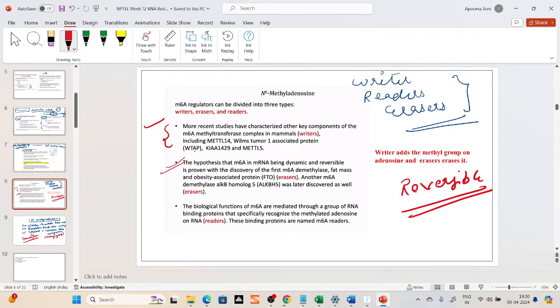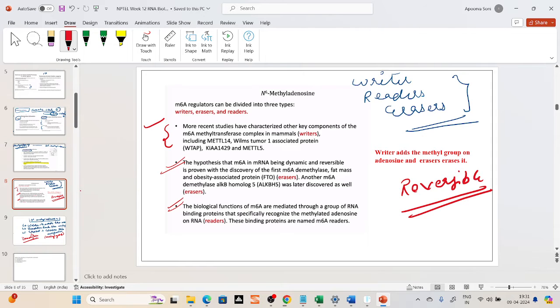Then the biological functions of m6A are mediated through a group of RNA binding proteins that specifically recognize the methylated adenosine on RNA, and these binding proteins are named m6A readers. Writers are the ones who add a methyl group. After the methyl group is added, whatever biological function it has to perform, it has to be read, recognized.